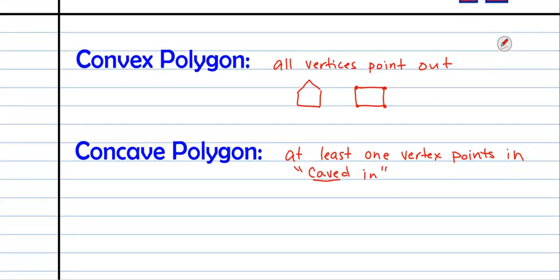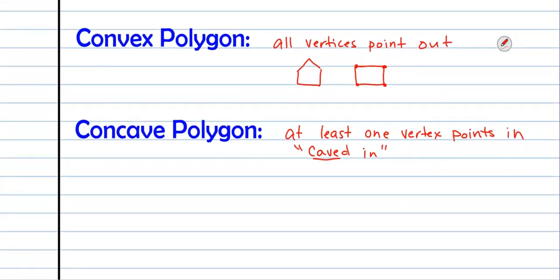So a concave polygon might be something that looks like this. This vertex right here is on the inside of our shape. It's pointed in. If you could picture that as a square or a rectangle, it's got a dent in. So that vertex is inside, therefore it is a concave polygon.